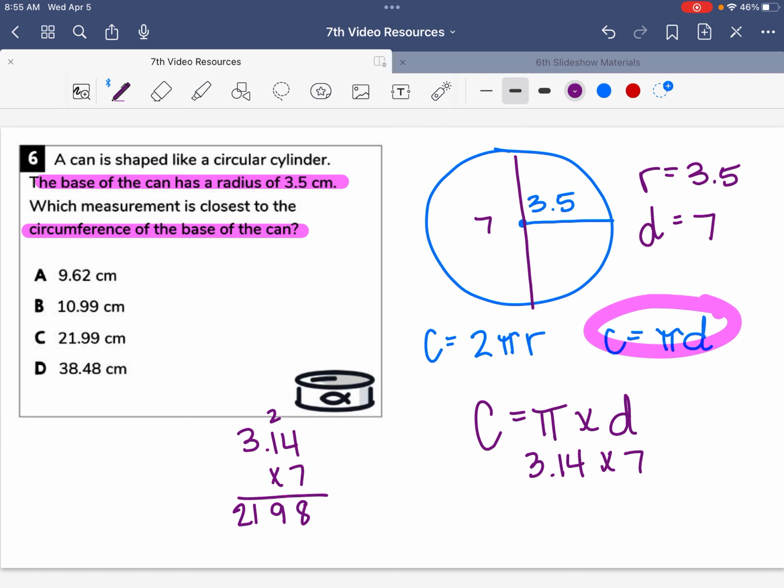Again, there are 2 numbers in my problem behind the decimal, so there will be 2 numbers in my solution behind the decimal. And the closest value, because it's asking for closest, is 21.98, which I could have estimated just by looking at 3 and 14 hundredths times 7. I know that it's going to be around 21, but a little bit more. All right, thank you very much.